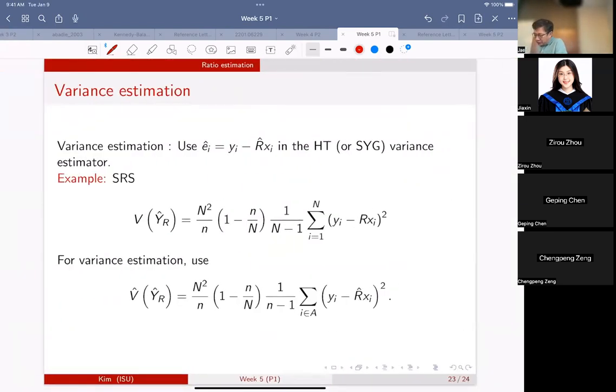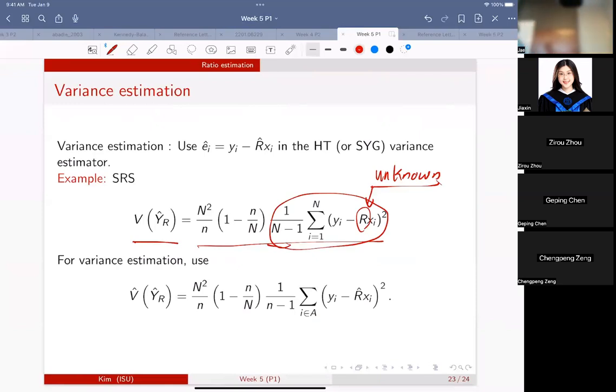And then variance estimation, because we already have this variance formula. But the only thing is that this is unknown, right? So we cannot really compute it. So now the question is how to estimate it. We have two steps. First, this is actually what?